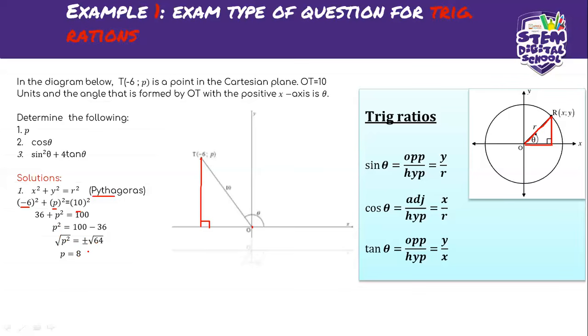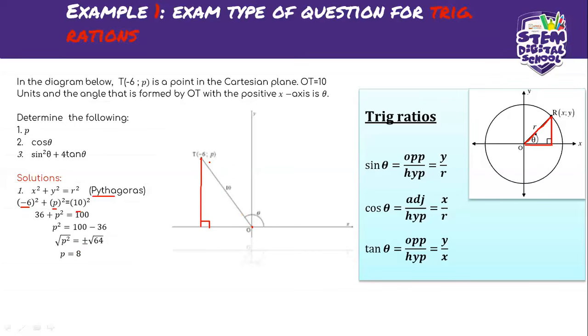Okay? Now, why do we have to ignore the negative? What happened to the negative? Now, look here. If you remember, P represents the value of Y. We have to know in this quadrant, this is the second quadrant, whether the value of Y is supposed to be positive or negative.